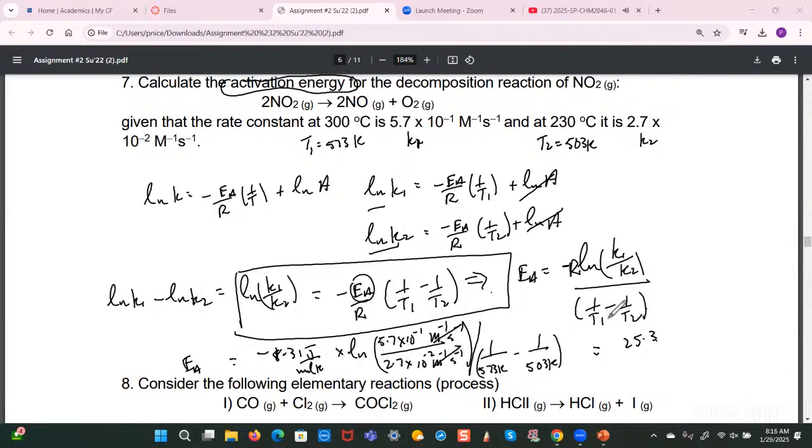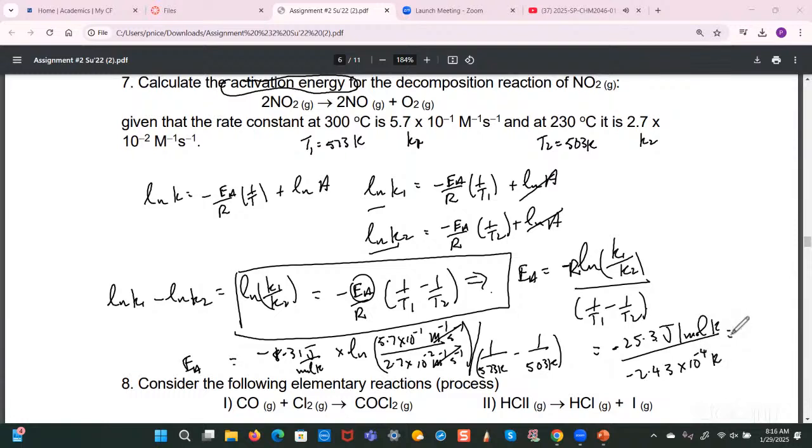So it would be joules per mole Kelvin. And then for the bottom part, 573, 1 over that, minus 503, 1 over that, equals, now for this part, I got, there should be a minus sign here still. For this part here, I got minus 2.43 times 10 to the minus 4, and the units for that will be Kelvin.